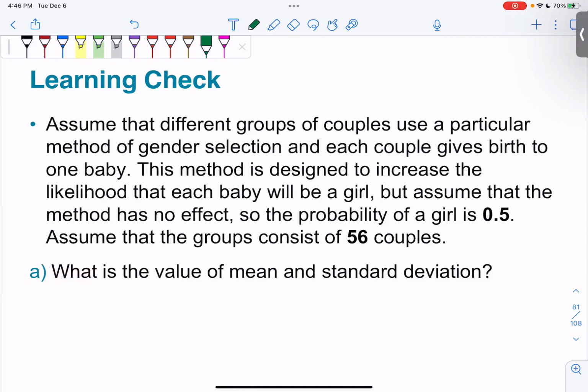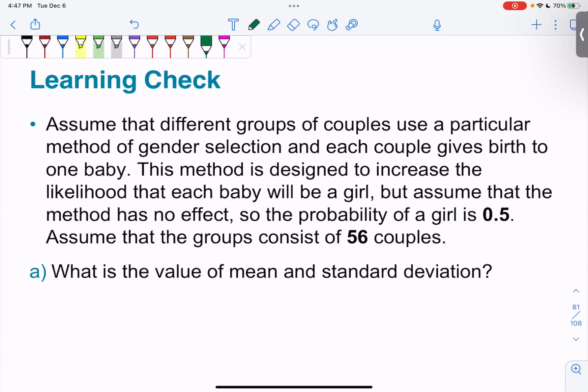Yes, so it will be 56 times 0.5, which is equal to 28. Okay? And then the standard deviation equals what?